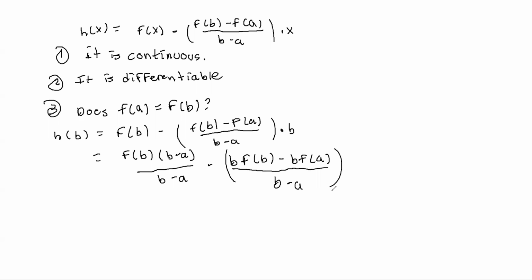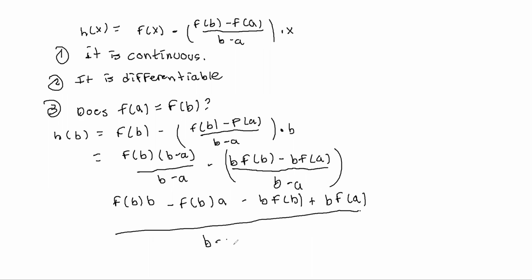Okay. So distributing the minus sign and combining and distributing the f of b, what we get is this. It's minus b f of b plus b f of a, distributing that minus sign over the quantity b minus a.